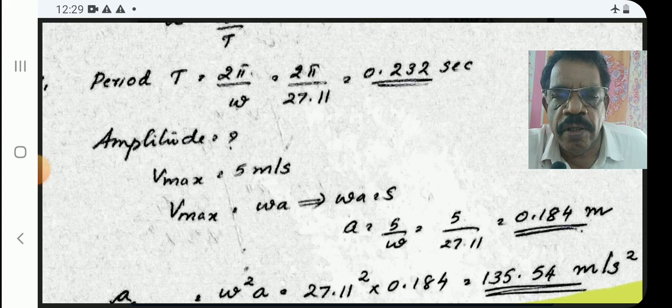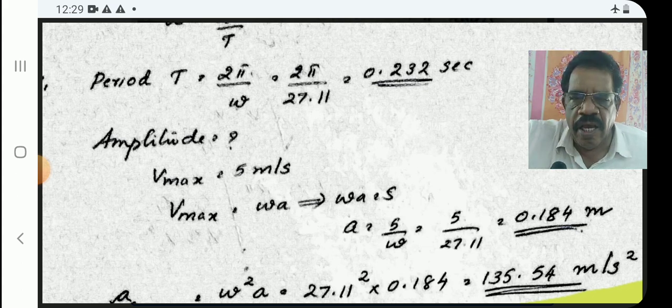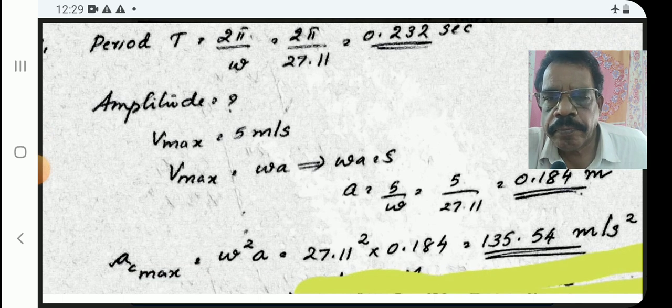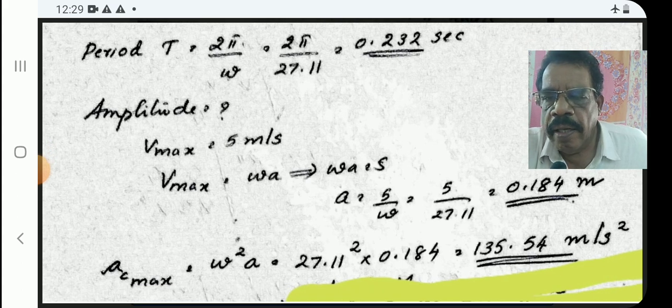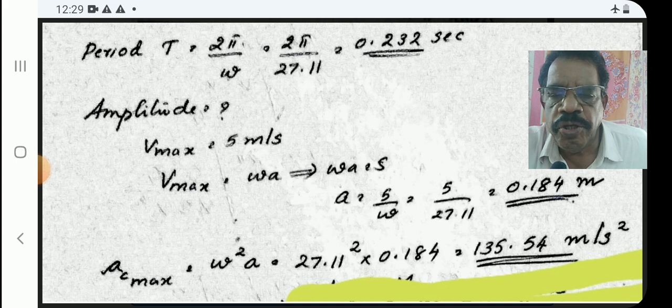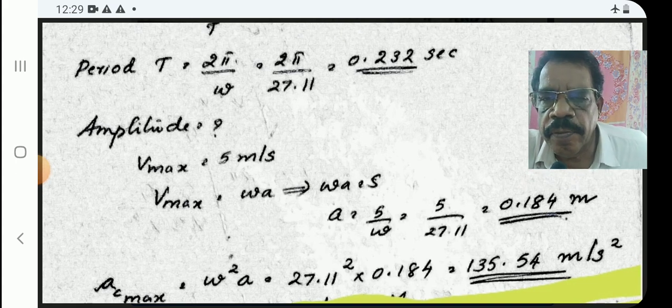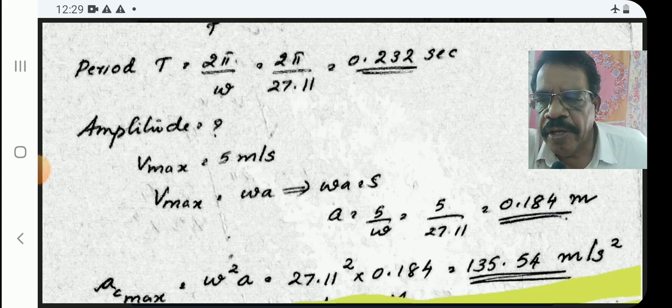That is 0.184 meter. Amplitude is in meter. Amplitude is 5 by omega, that is 5 by 27.11, 0.184 meter. It is meter.